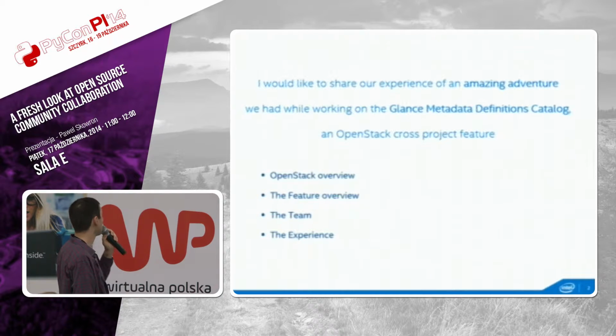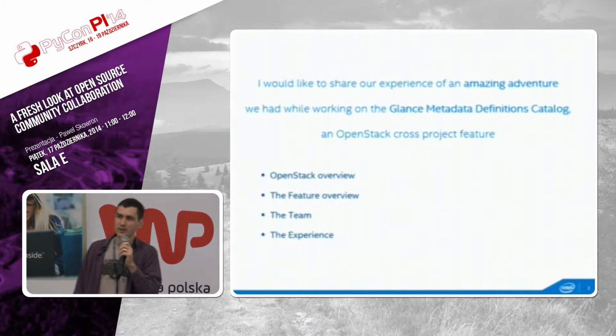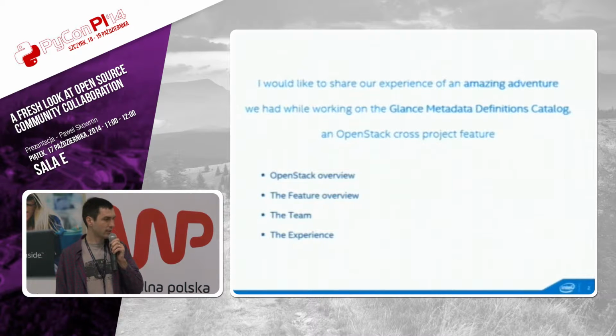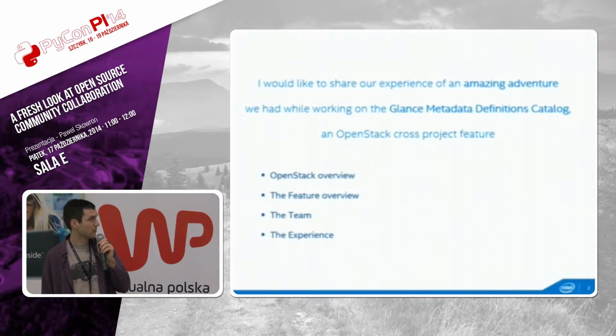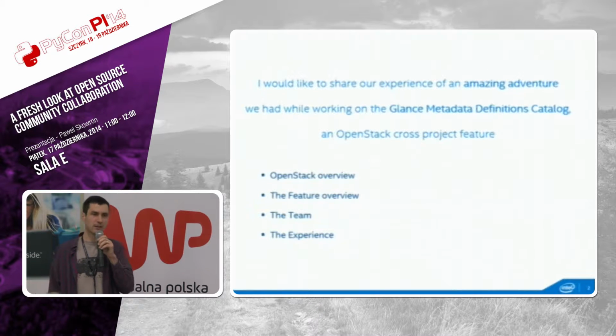Then I would like to move to the description of the feature itself, the team, and then the experience we have gathered. I hope it will be interesting because that will be about contributing to open source from a commercial company. That's, I believe, an interesting perspective.